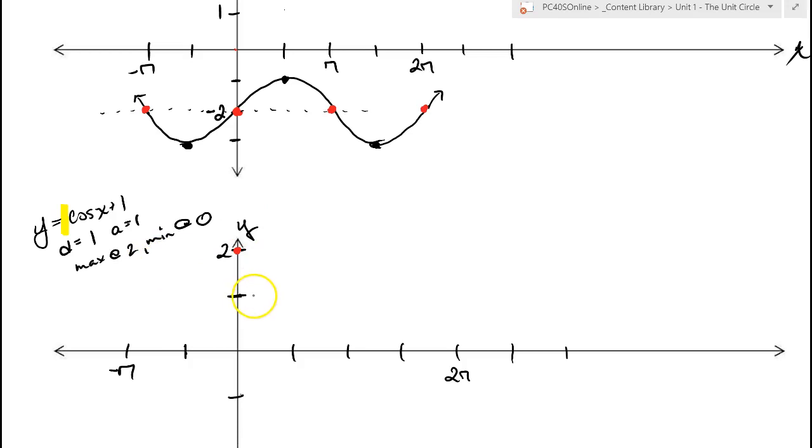My midline is at 1. Oh, that's a bit messy over here. Okay. And I shouldn't repeat myself again until 2 pi. So I'm not going to get back up to that maximum until 2 pi.